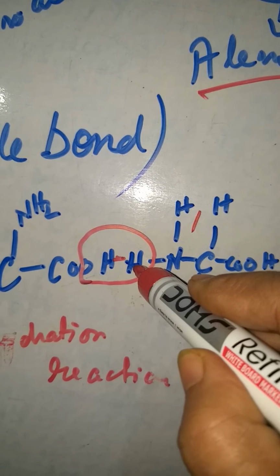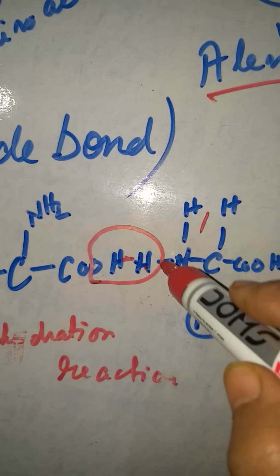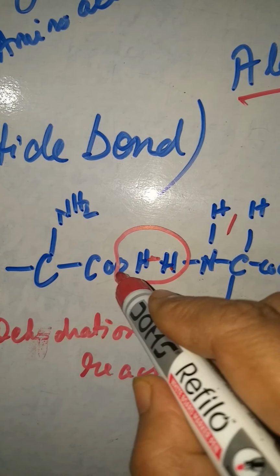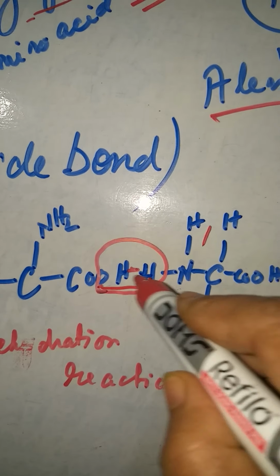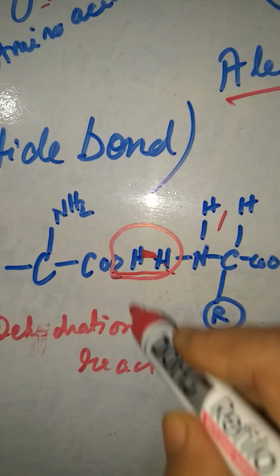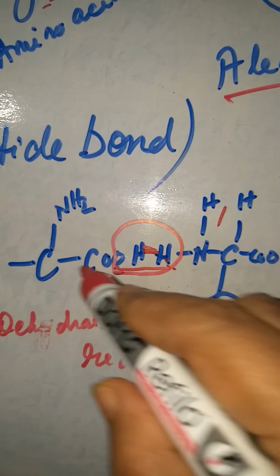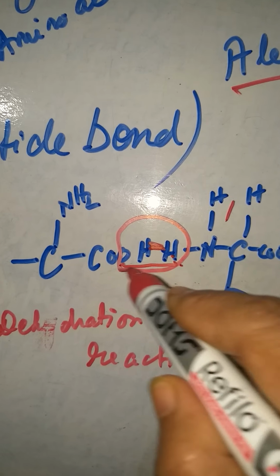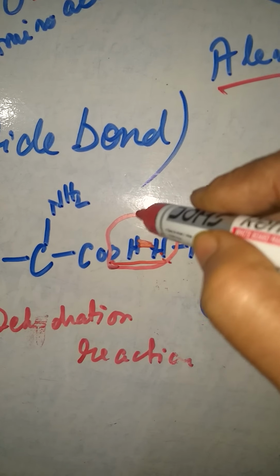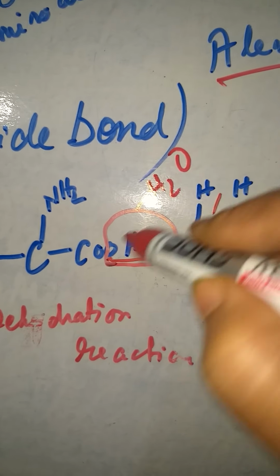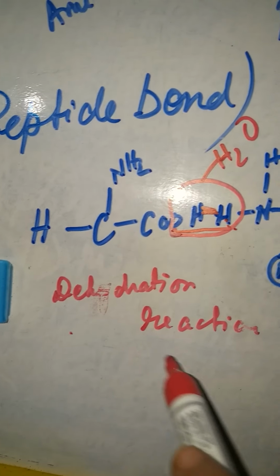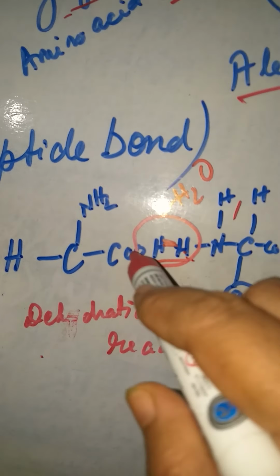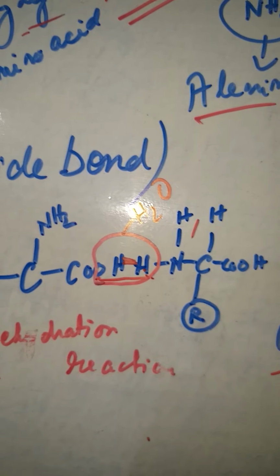So one H of this amino group and one OH of this hydroxyl group form a bond. And this molecule is joined together, and this will go out as H2O. So this is again a dehydration reaction, and this is how a polypeptide bond is formed.